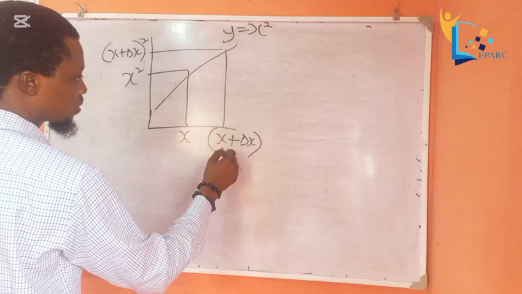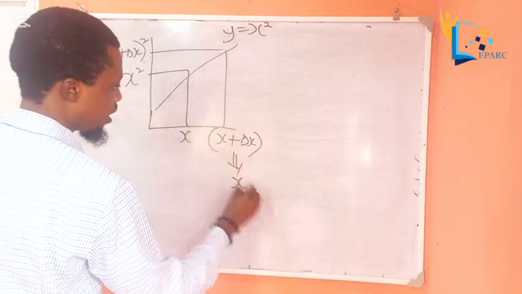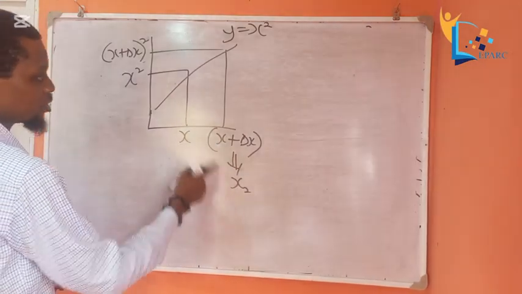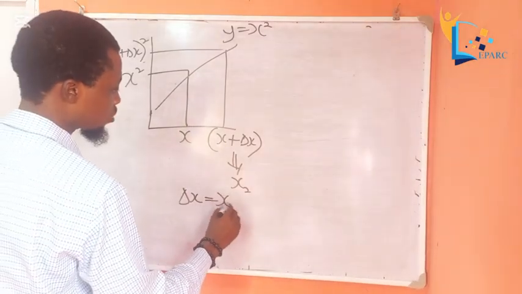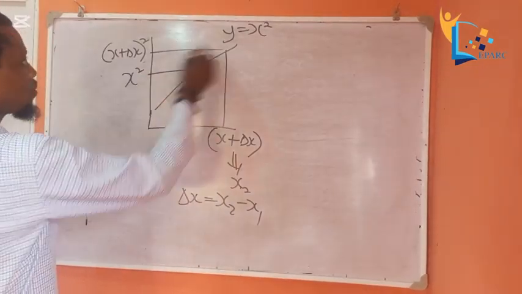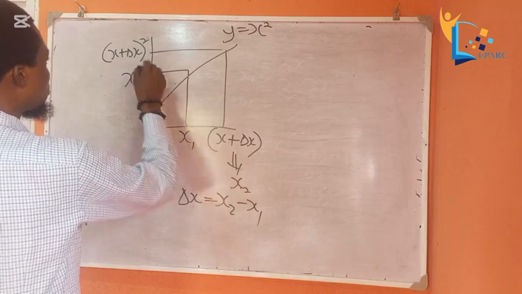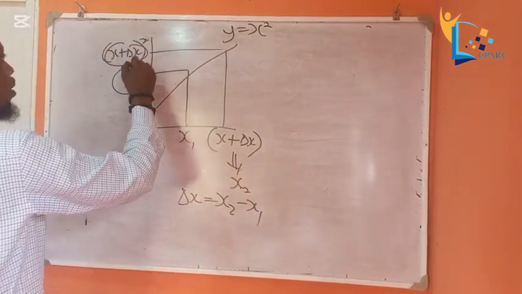Remember how we got this. This one is the same thing as x2, remember, the change in x is equal to x2 minus x1. So these are x2, these are x1. So our y is equal to x raised to power 2, which is this. y at x plus delta x is the function of x raised to power 2.